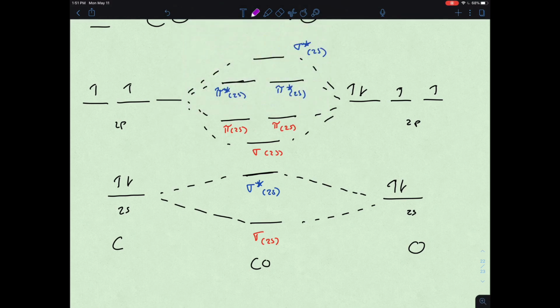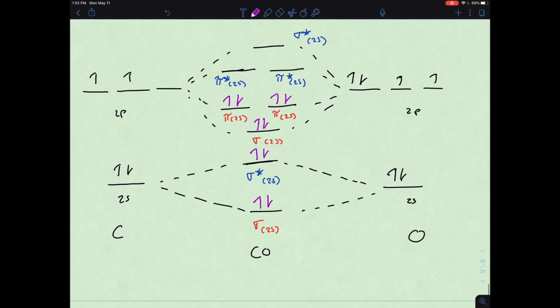So putting in electrons, we have 4 from the carbon, we have 6 from the oxygen, so that means we have 10. So 1, 2, 3, 4, 5, 6, 7, 8, 9, 10. And so there is our MO diagram for the carbon monoxide.